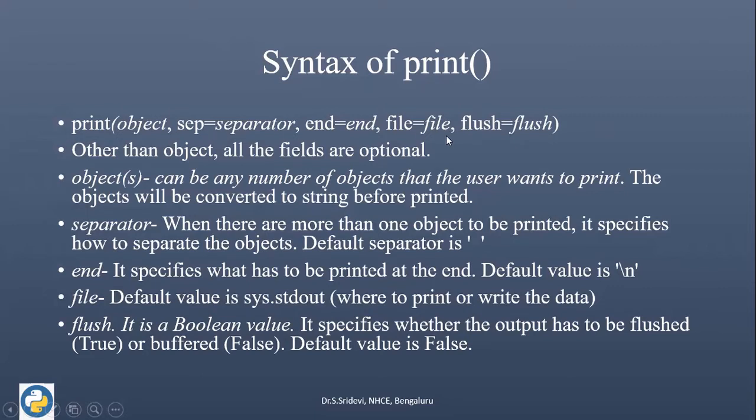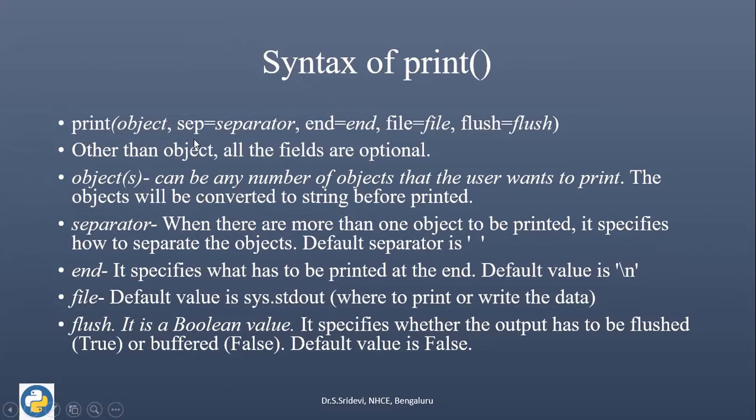So out of these 5 arguments, the last 4 arguments are optional arguments. Other than the object, all the remaining are optional arguments. So now let's see one by one all the arguments. So the first argument is object. Here we can give any number of objects that we want to print by using this function. So always the objects will be converted into string before they are printed.